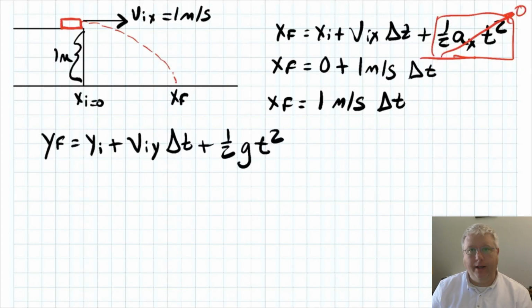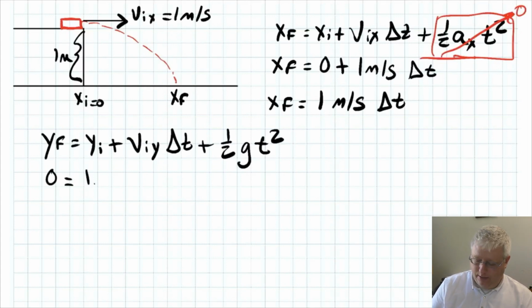All right, so final position, remember using our coordinate system, it's falling on the ground. That's our defined 0. So 0 is our initial position... right, we said the table's 1 meter high, plus the initial velocity in the y direction. Well, it's starting up here, basically in the y direction, it's at rest initially. So this whole term then goes to 0.